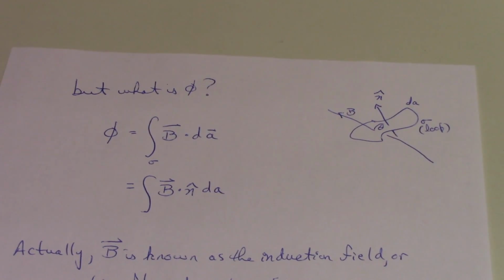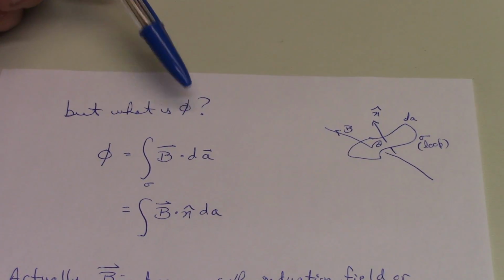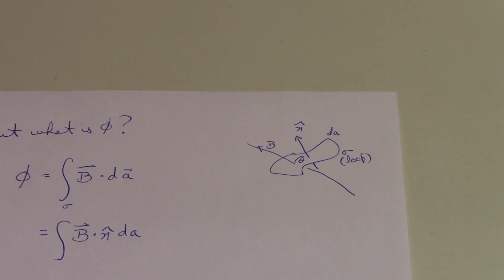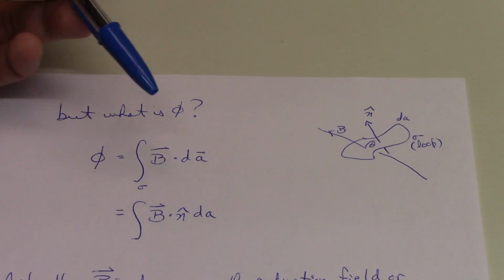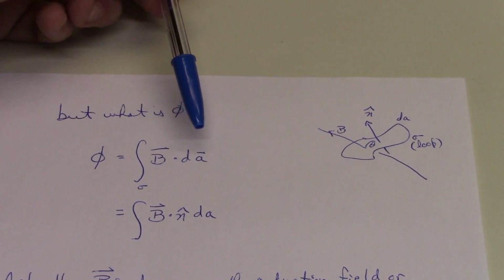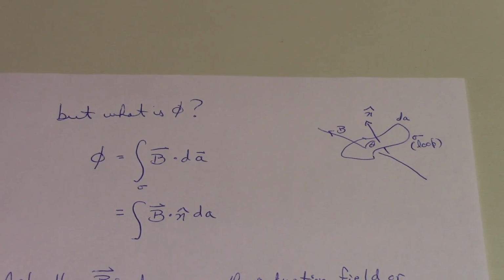What this corresponds to is asking what the flux phi is. We can think of this as an integral over the induction field B dotted into a differential area that, when added up over the surface defined by that loop, gives you the flux.